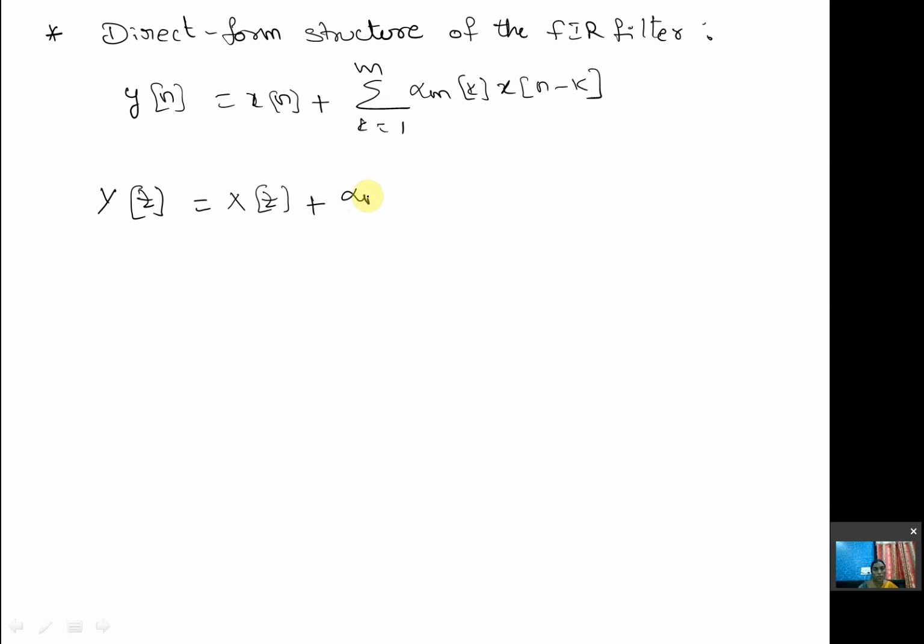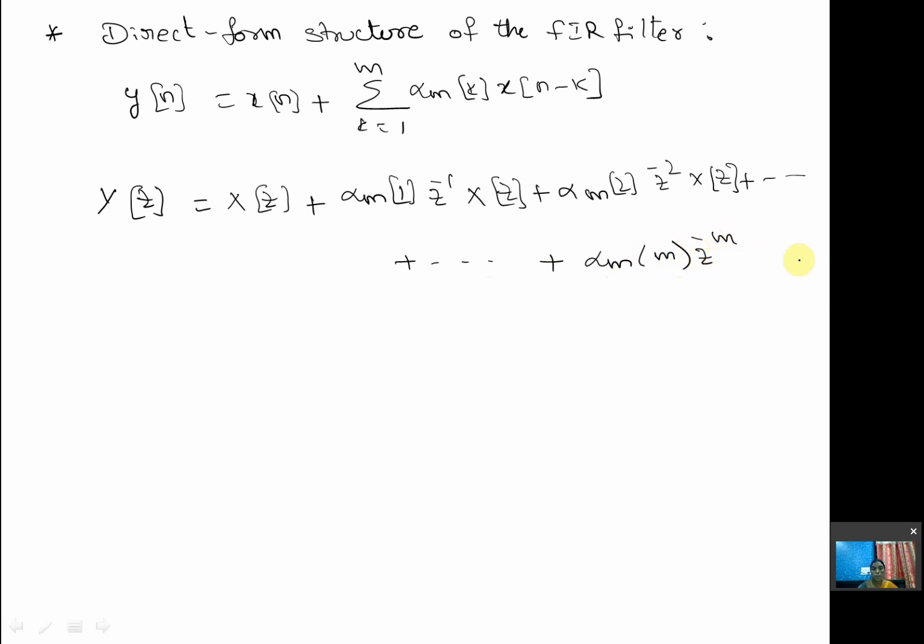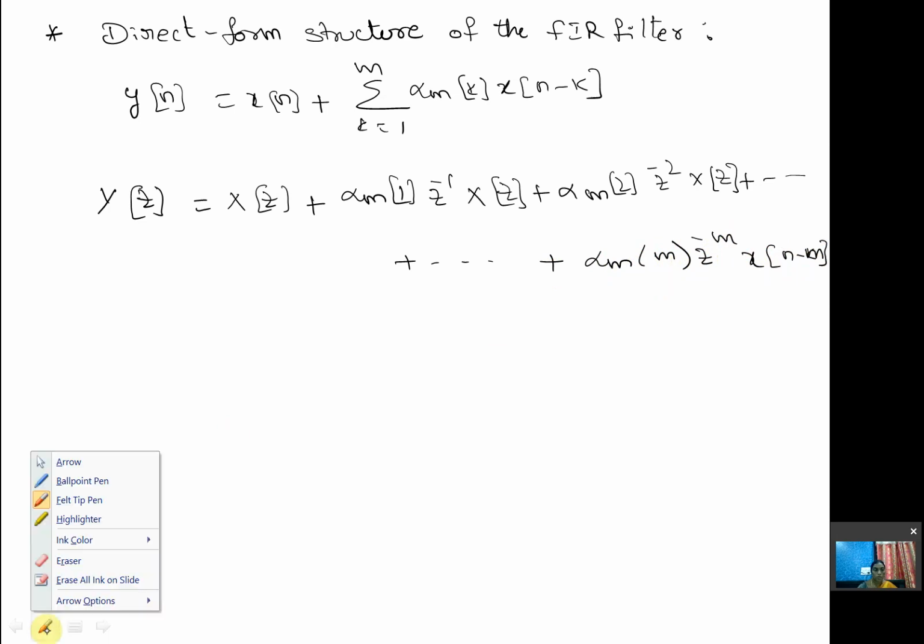So alpha m of 1, x of n minus 1 means z power minus 1 x of z, plus alpha m of 2 z power minus 2 x of z, and so on, alpha m of m z power minus m x of z.